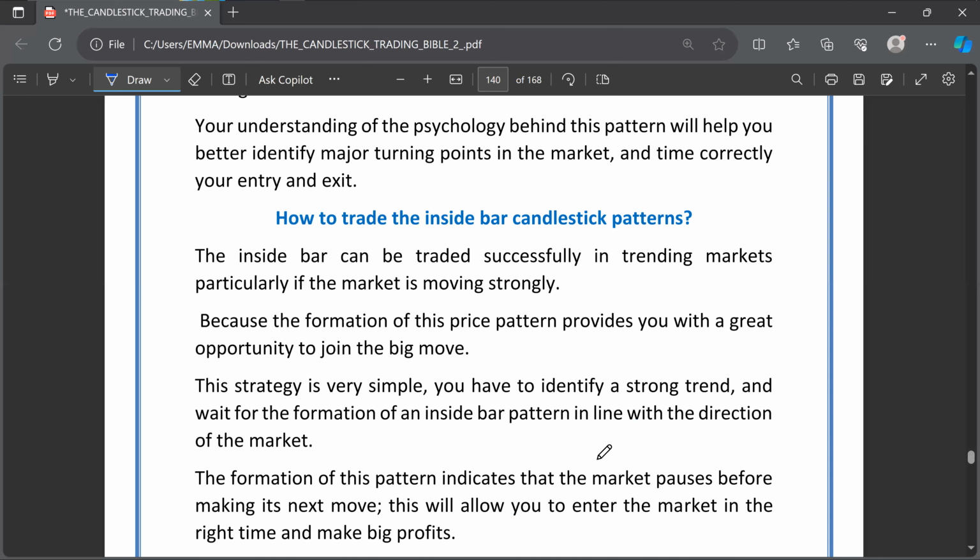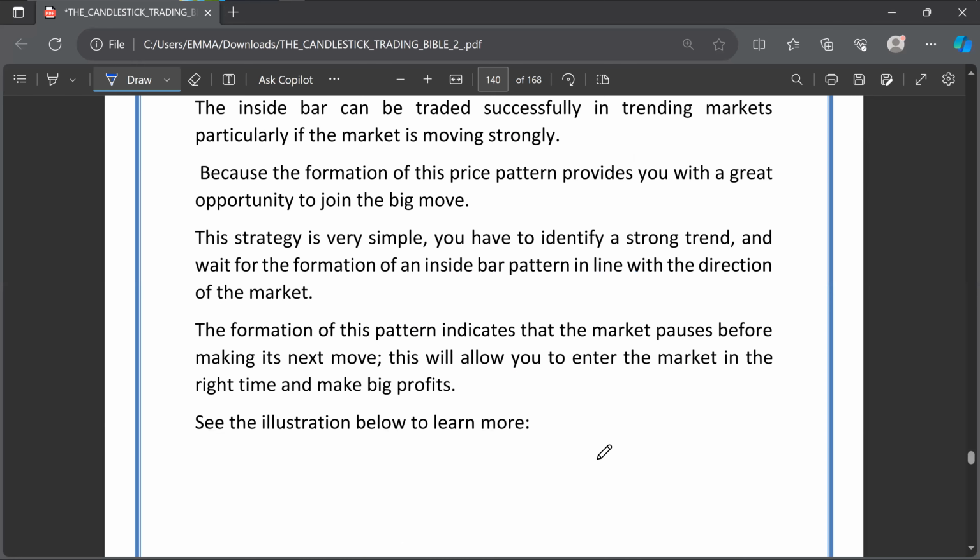You have to identify a strong trend and wait for the formation of the inside bar pattern in line with the direction of the market. In fact, the formation of this pattern indicates that the market pauses before making its next move. This will allow you to enter the market at the right time and make big move profits.